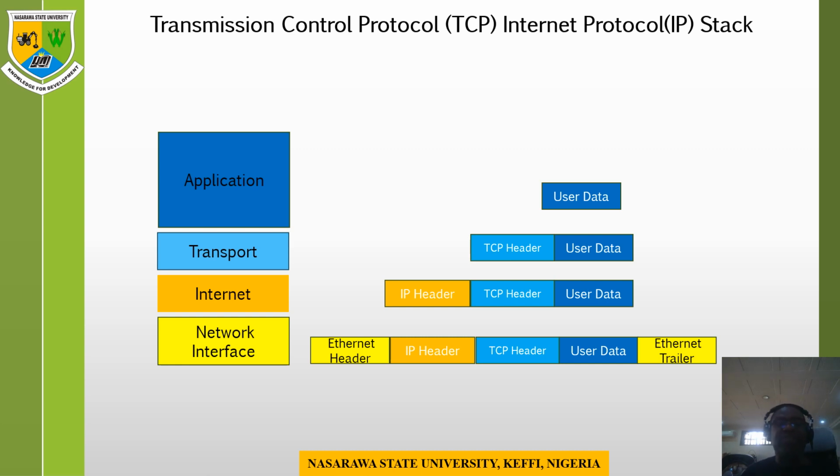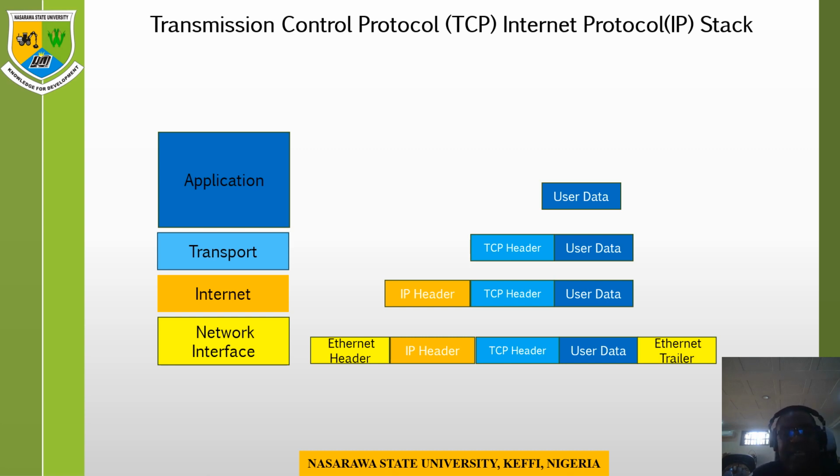So when we talk about the transmission control protocol and internet protocol stack, this tells you how transactions between two computers do take place. So the first layer of a TCP/IP protocol stack is what we call the application layer. This application layer produces user data. So after the application layer, we have the transport layer.